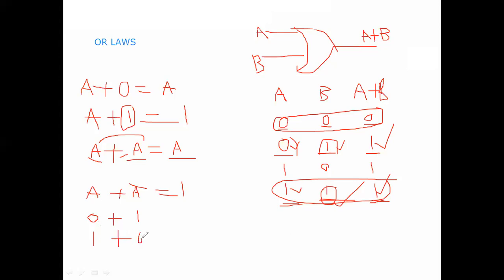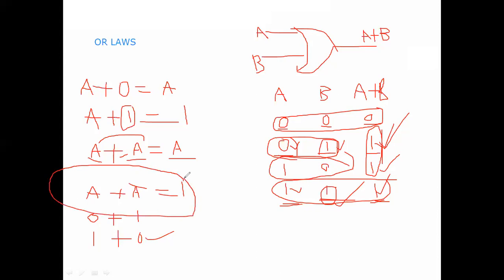See the truth table here. 0 plus 1 means this combination. What is the output? 1. Next, 1 plus 0, this combination. What is the output here? 1. That means at both combinations, we are getting the output as 1. That's why A plus A bar is equal to 1. Are you understanding?